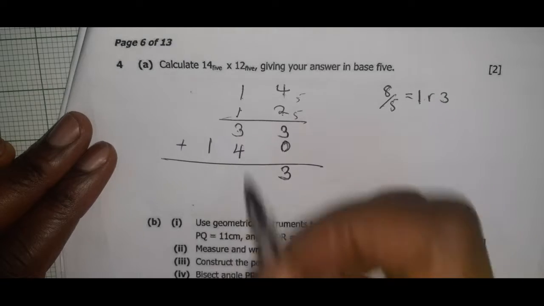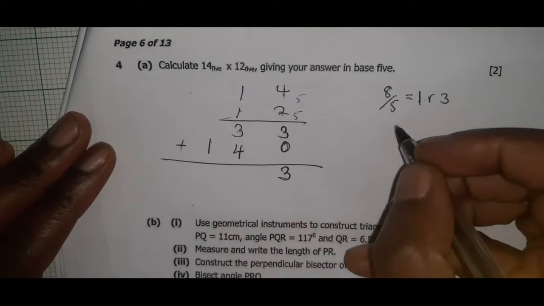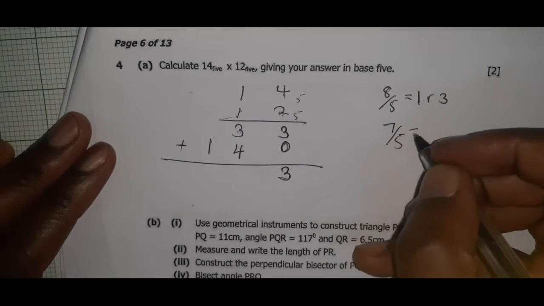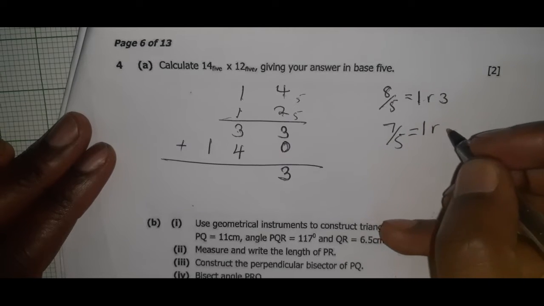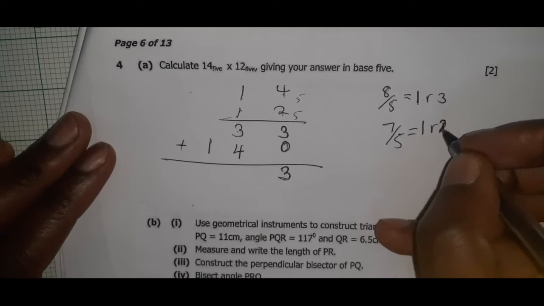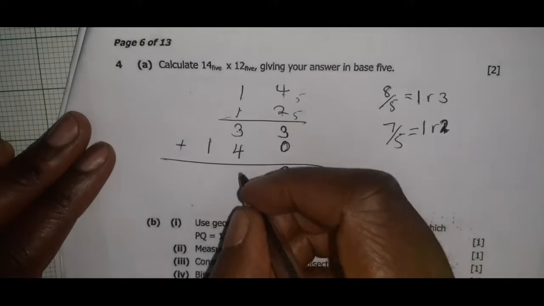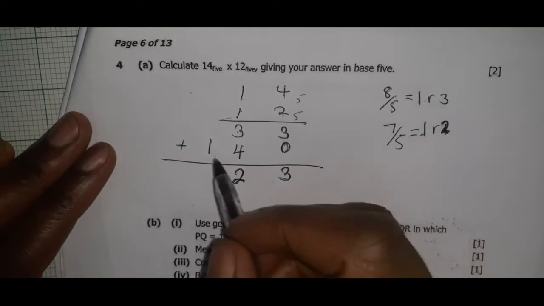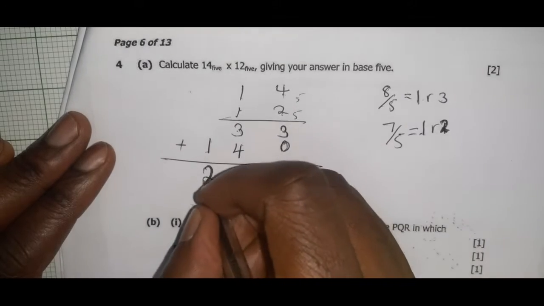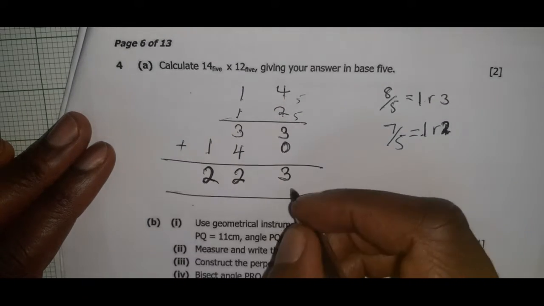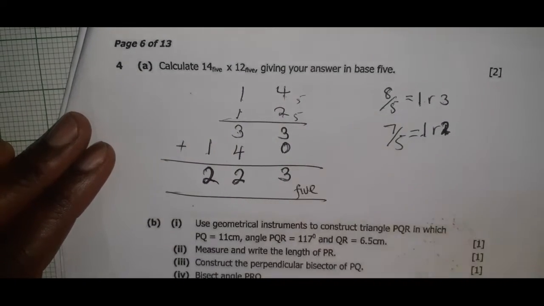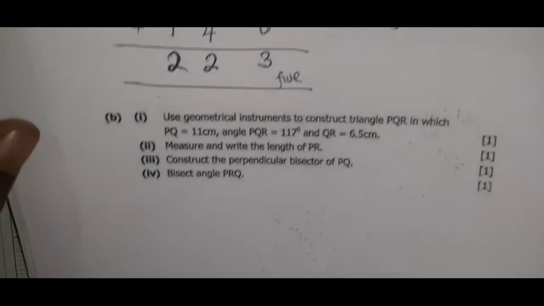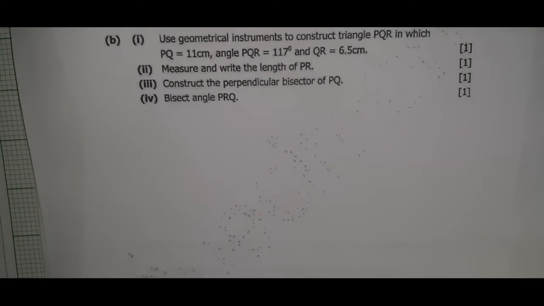What do we get here? 7. And we can't write 7, so 7 has to be divided by 5. What do we get? 1 remainder 2. So we write our remainder 2 here. Then this 1, we need to add it to this one, so that we get our answer in base 5. Are we together? This is our answer in base 5.